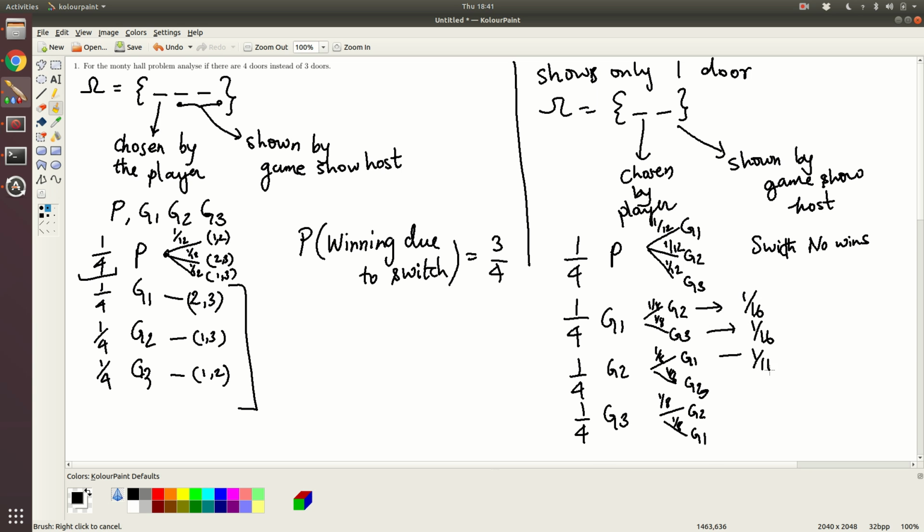So all these things will be 1/16, 1/16, 1/16, and 1/16. I hope that's clear. And now we add that up, so there are 6/16, the probability of winning if he switches, and this will be 3/8. Okay, so this is question number 1.